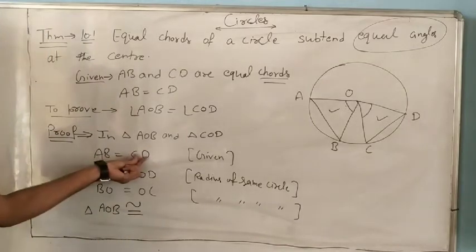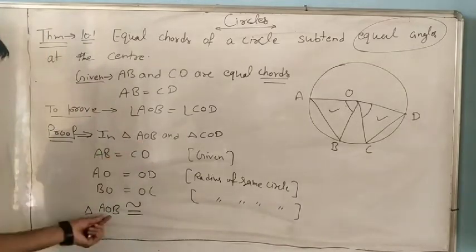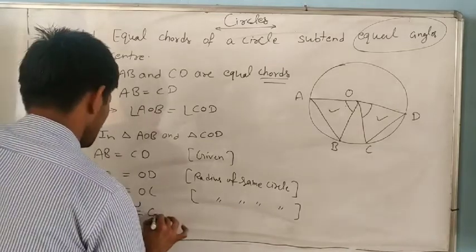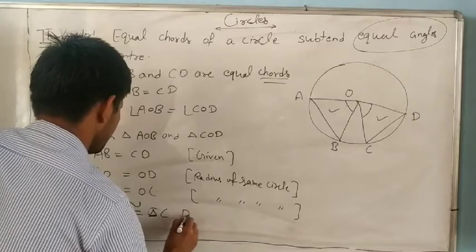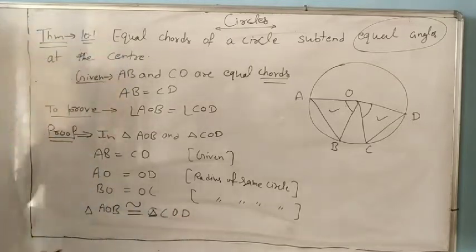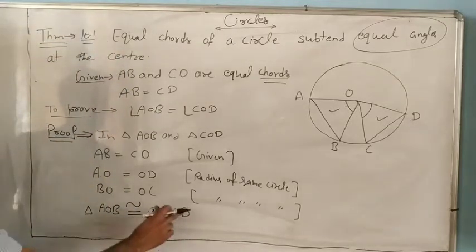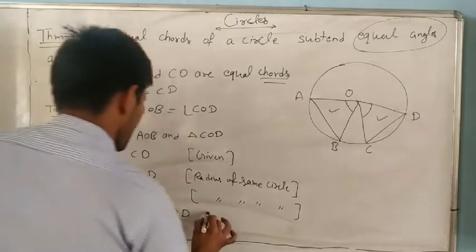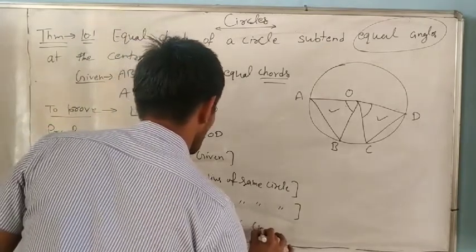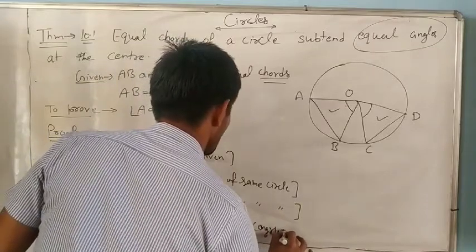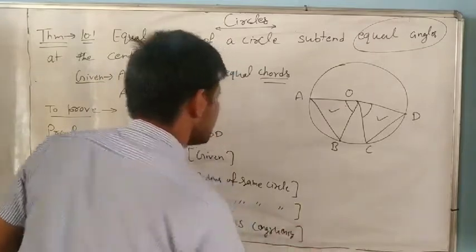First AB equal to CD, A and B first and last, so here also first and last, C and D. So triangle AOB is congruent to triangle COD by the SSS congruency rule. Everyone knows this one.